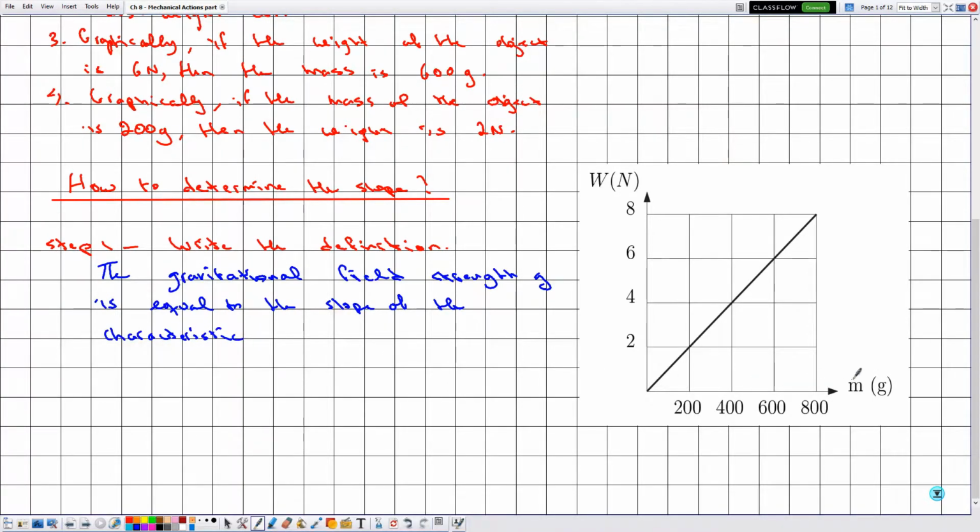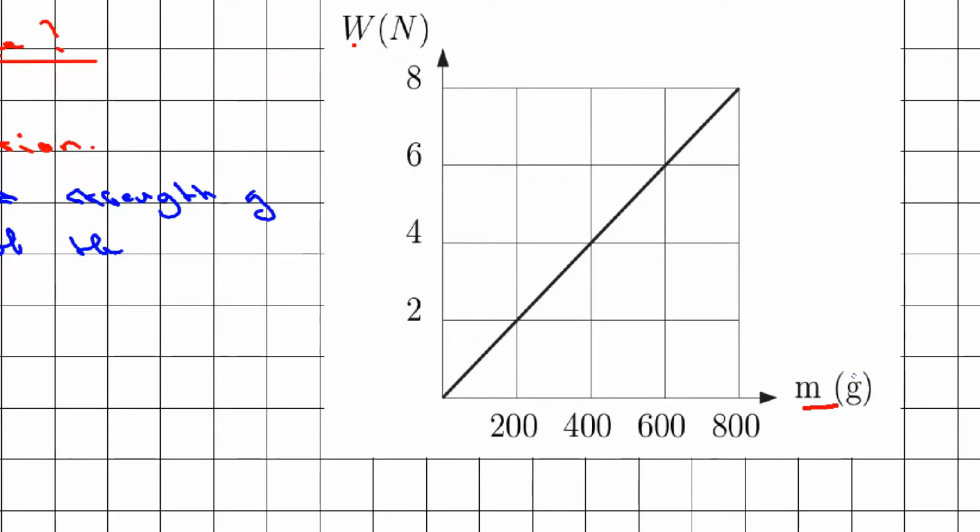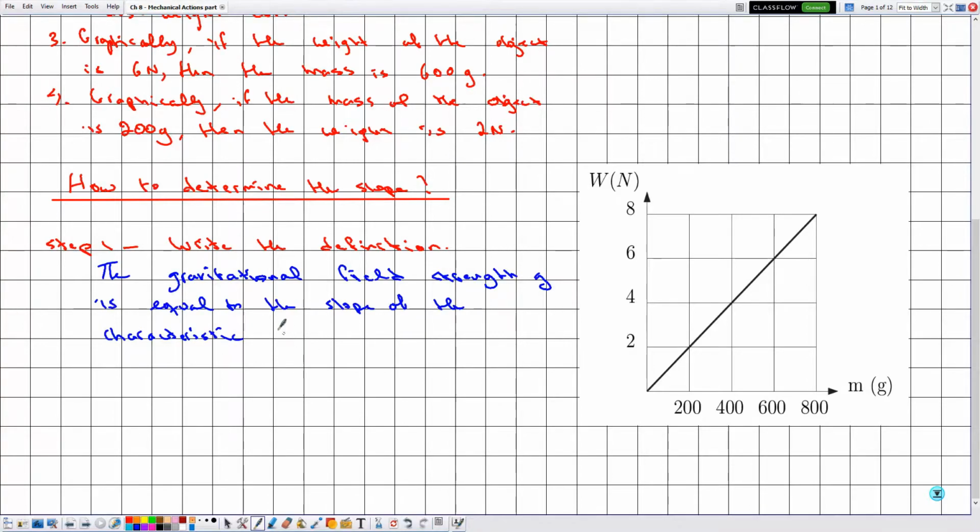I repeat, instead of saying current-voltage curve, we will say mass-weight curve. So the slope of the characteristic mass-weight curve.